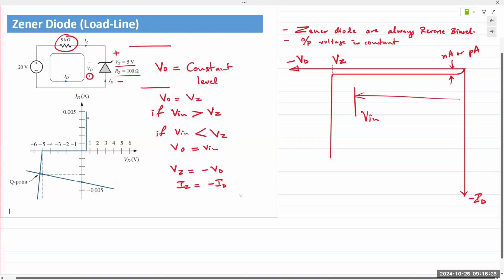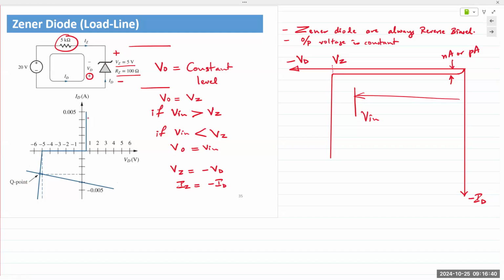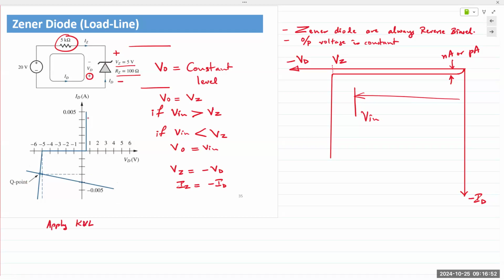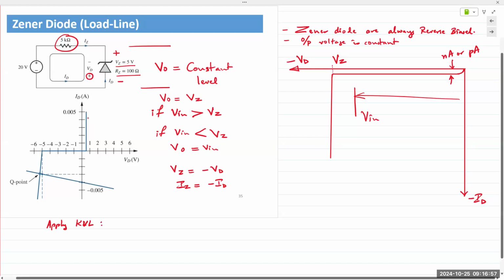So let's see how we obtain those points. We would apply KVL, and for this example, I will use VD and ID. If I apply KVL, I can write minus 20 equals VD plus 5,000 ID.